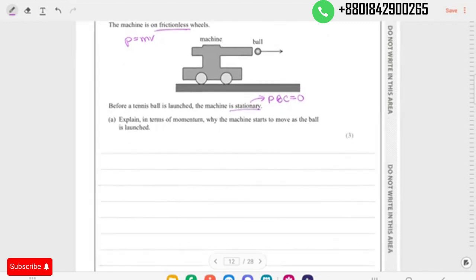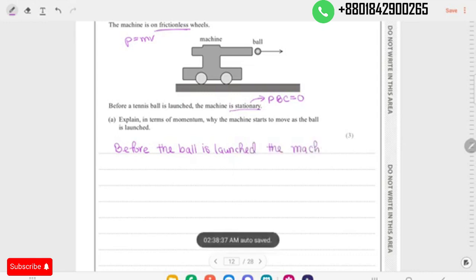So we'll first start with the fact that before the ball was launched, the machine is stationary, which means that momentum before collision is zero.